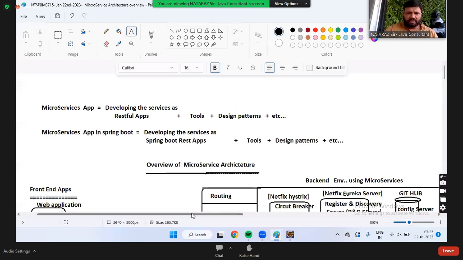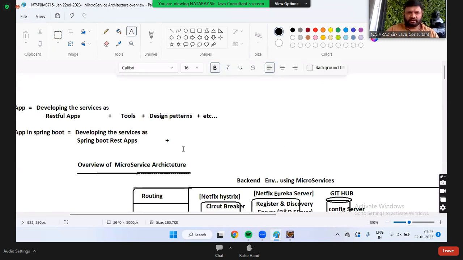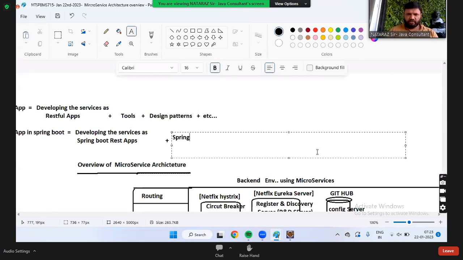Next, plus Spring Cloud module services or tools, plus design patterns, plus third-party tools. Are you understanding my statement?